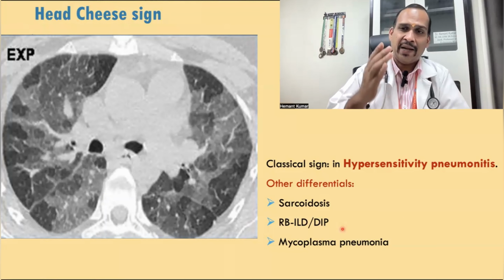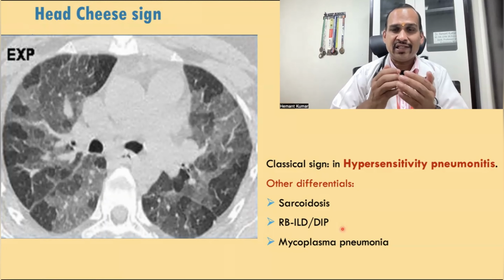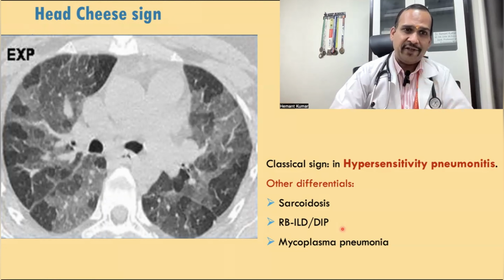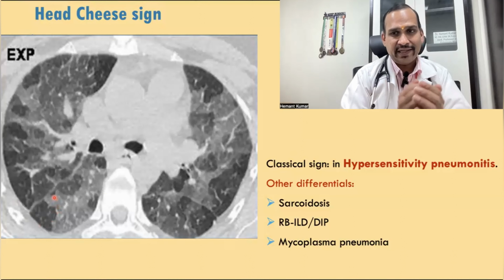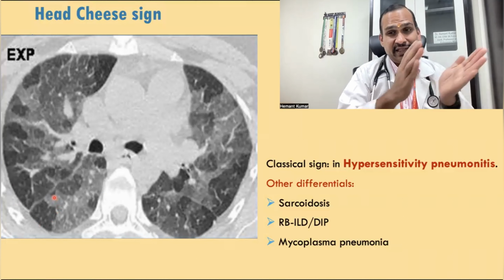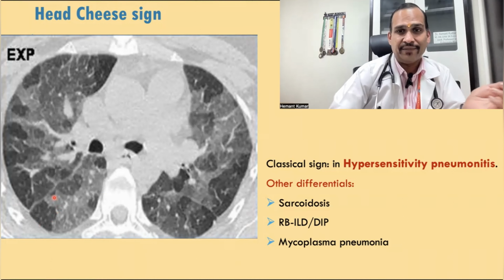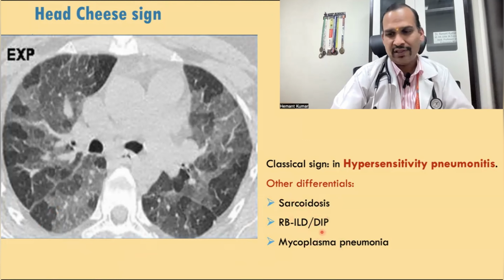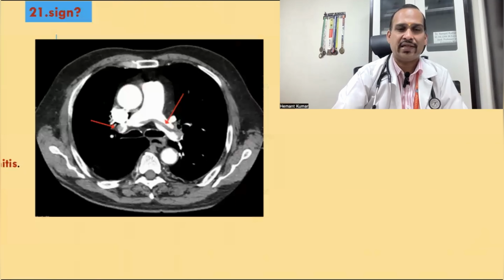As we know, in hypersensitivity pneumonitis there is involvement of the small airways, bronchiolar level. So in the expiratory film, the black area will increase. If it increases, this is because of hypersensitivity pneumonitis. If it is the same as the inspiratory film, then we have to think of other differential diagnoses. This is head cheese sign or triple density sign.